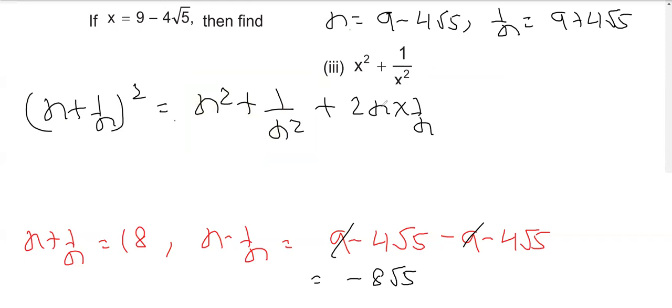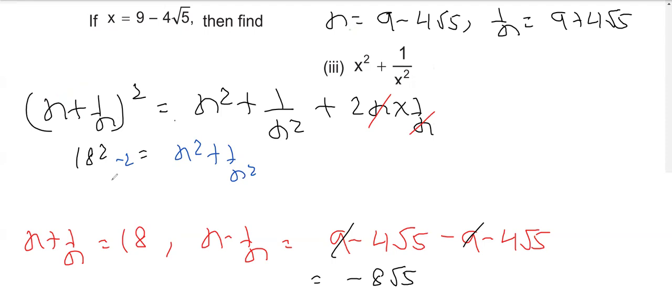First of all, we can cancel this x. We know the value of x plus 1 by x as 18, so we can write 18 square here. We keep x square plus 1 by x square as it is. Now the plus 2, I can transpose to the other side. So we find 18 square first and subtract 2 from it.